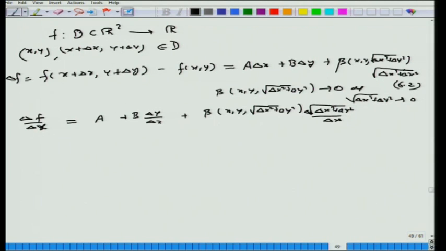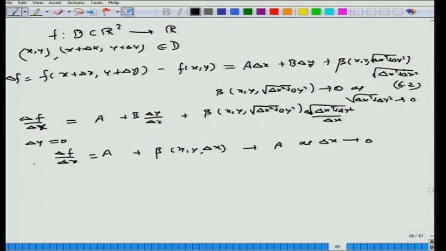Let us take delta y to be 0. Then we see that delta f over delta x is a plus beta x y delta x, and so this goes to 0, and this goes to a as delta x tends to 0, which is the particular case because delta y we have taken 0 here. So, this condition will be satisfied.